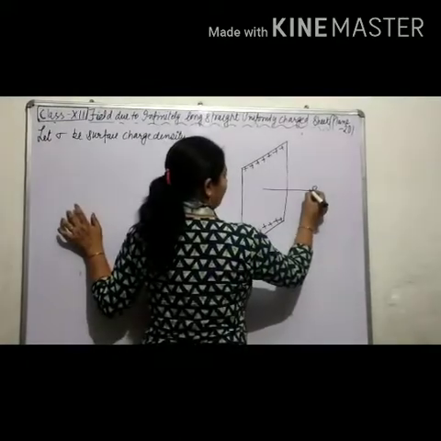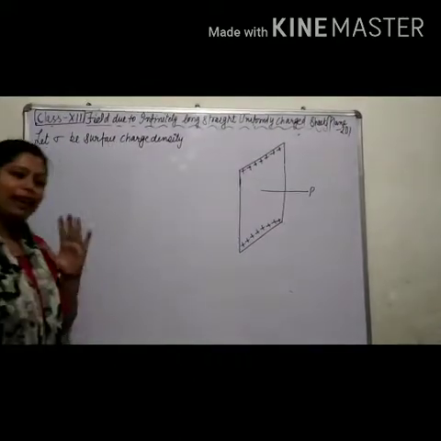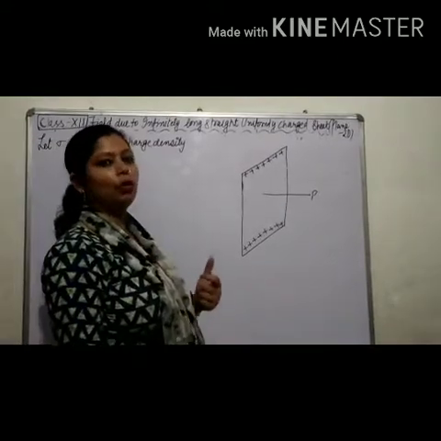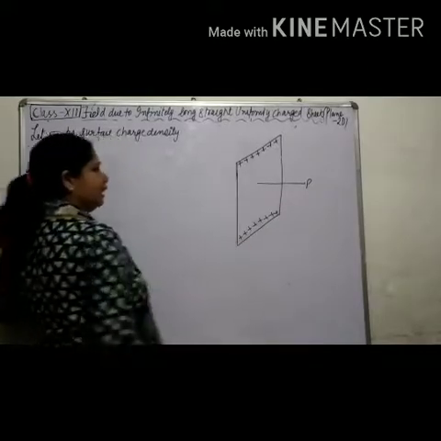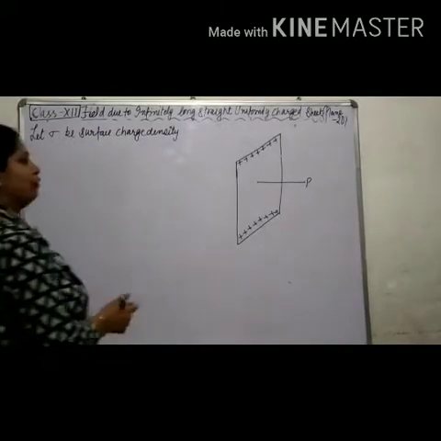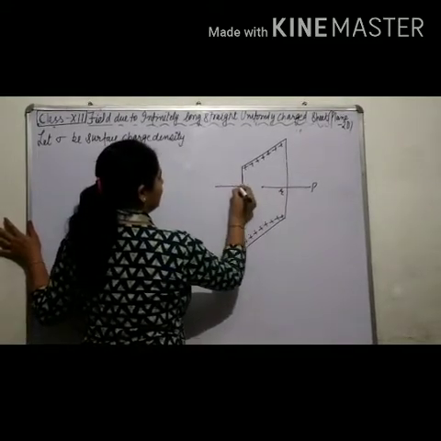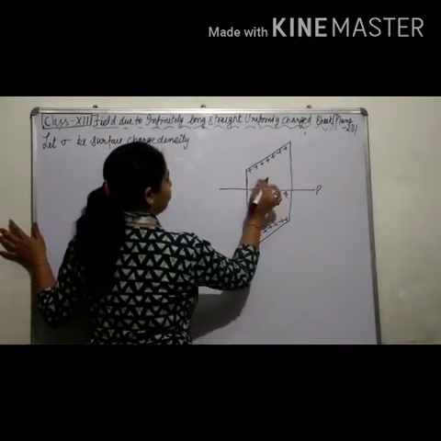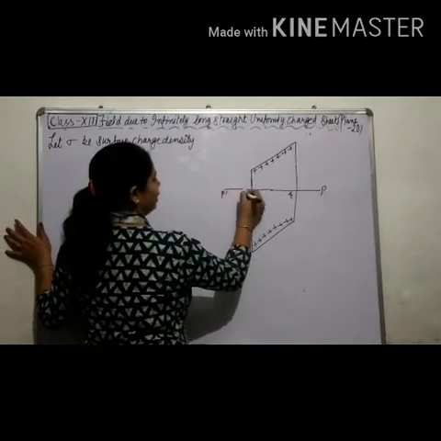As I have told you, at any point where you want to find the electric field, you have to imagine a Gaussian surface. For drawing a Gaussian surface, I have taken another point P dash equidistant from the sheet, same distance r.